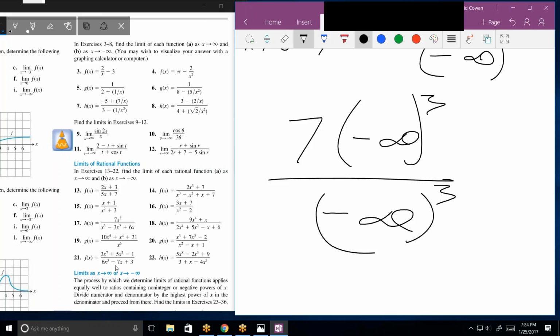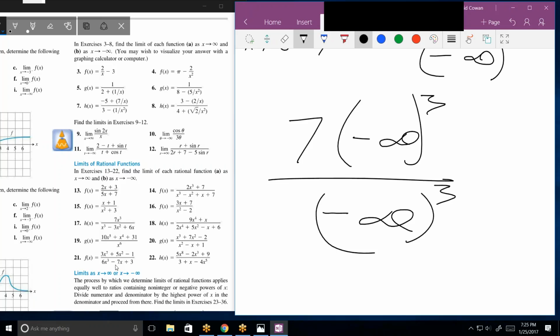21. What's it go to as we go to infinity? That would be, so 7, so 3 over 6. That'd be 1/2. No, hold on. They're not the same exponent. Yeah, you're right. The first thing you want to think about is whether the numerator or the denominator is blowing up faster than the other one.